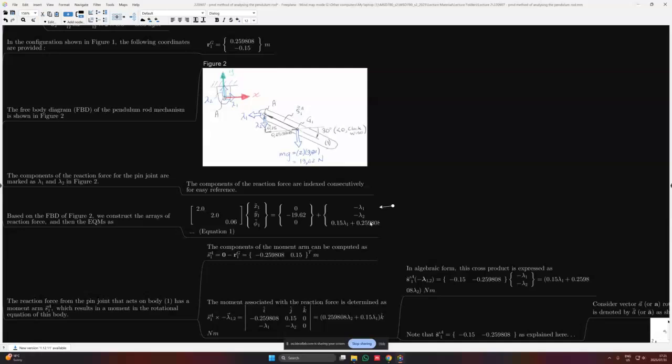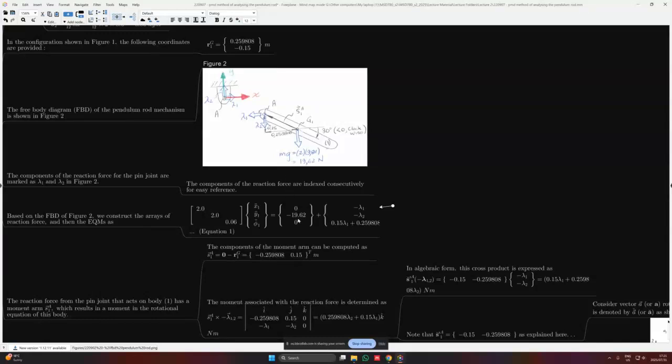then equal to, and all I did over here was essentially break up the external forces that are acting on the system. So this first vector that I have over here is simply the gravitational effect, so gravity acting in the negative y direction.